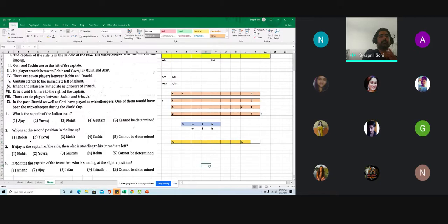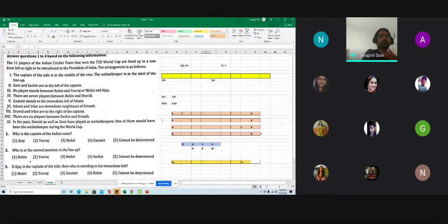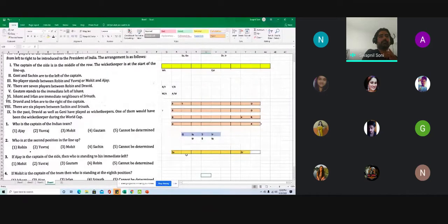There are 6 players between Sachin and Srinath. But we know Sachin is on the left hand side of the captain, so Sachin का position ये रहेगा.